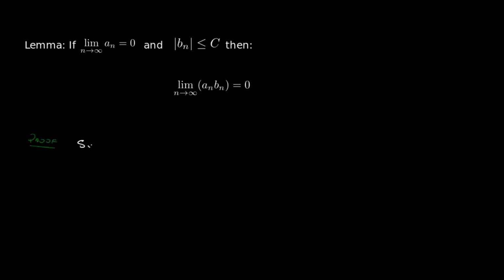First, we're going to suppose that c is different to 0. If c was 0, then a sub n times b sub n would be 0, because the absolute value of b sub n would be smaller than or equal to 0.